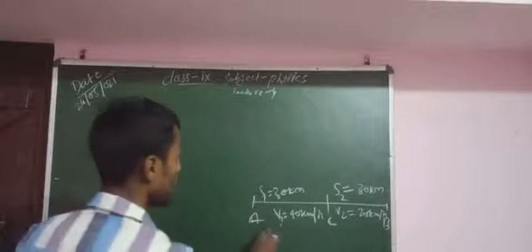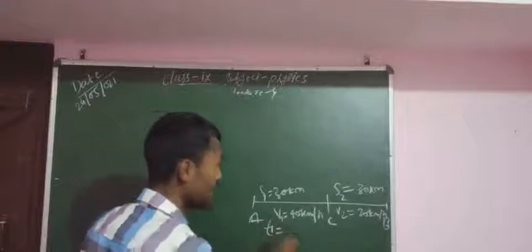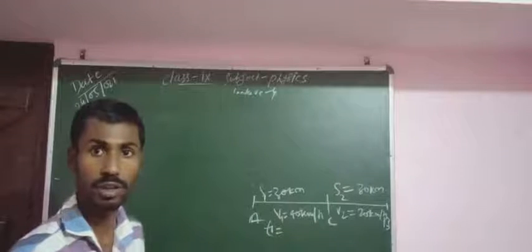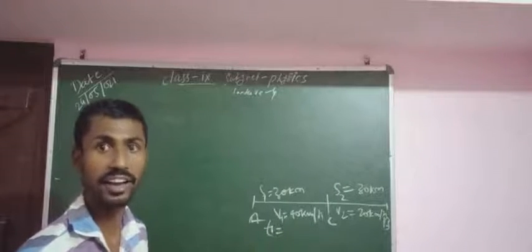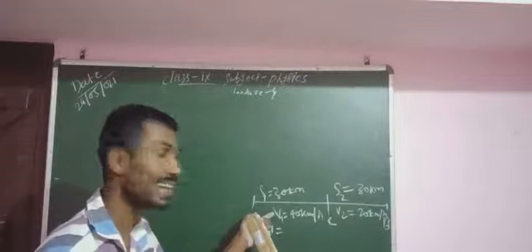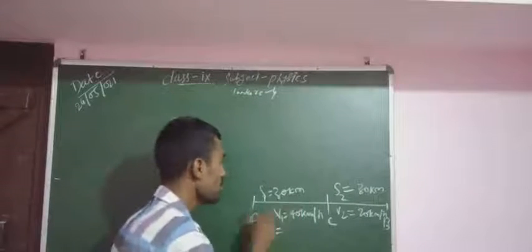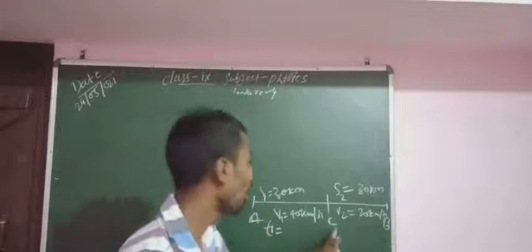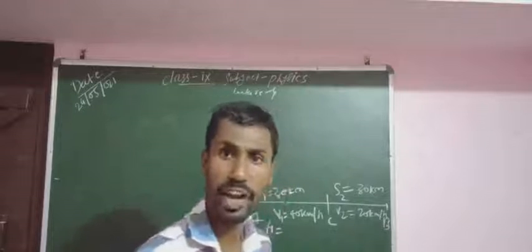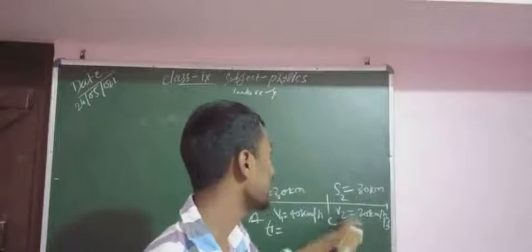First of all, what do we need? We need time, because we don't have any idea what time it takes, that means how much time it took to go from A to C and from C to B with this speed.